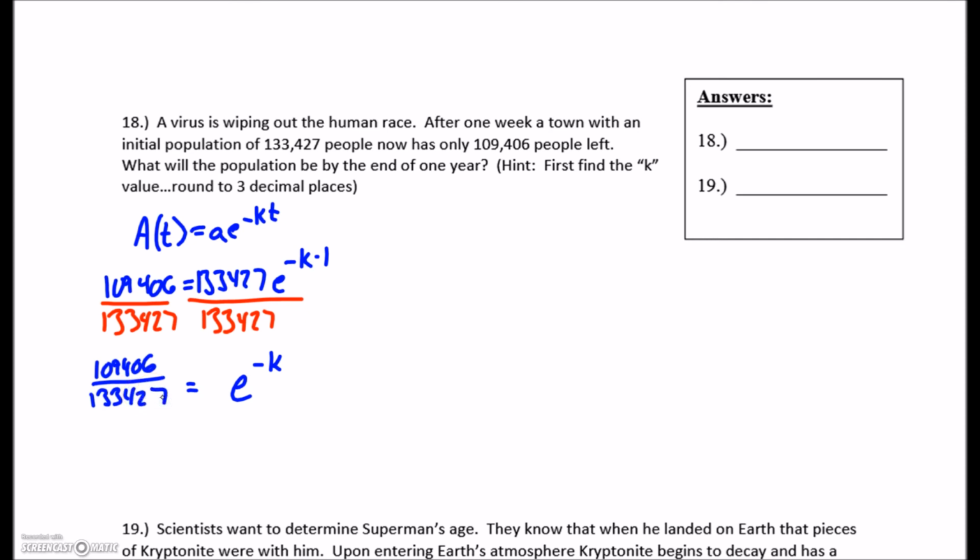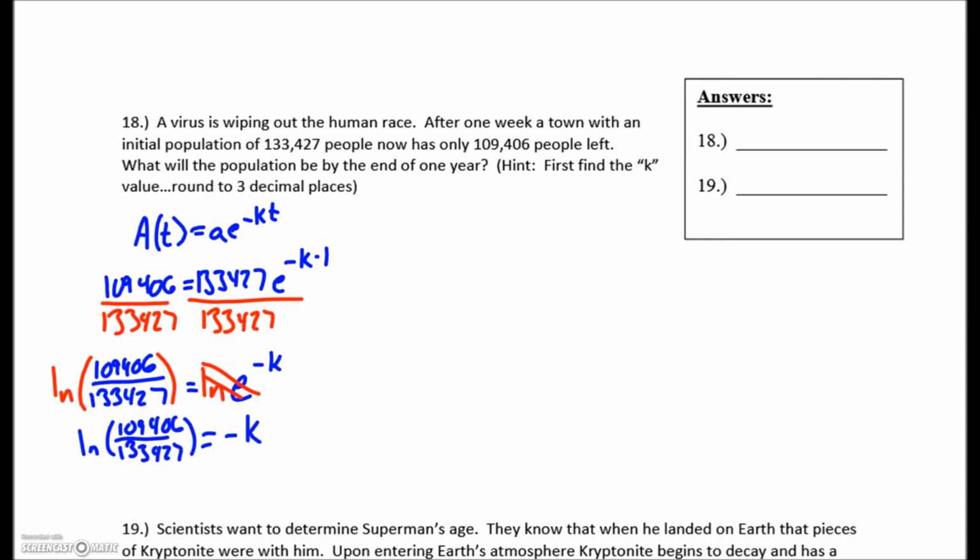There's no need to even simplify this thing because my next step, in order to undo the exponential part of the function, I'm going to take the logarithm of each side. So I take that logarithm of each side over here. The natural log and e cancel out. So I'm left with the natural log of 109,406 over the 133,427 equals a negative k.